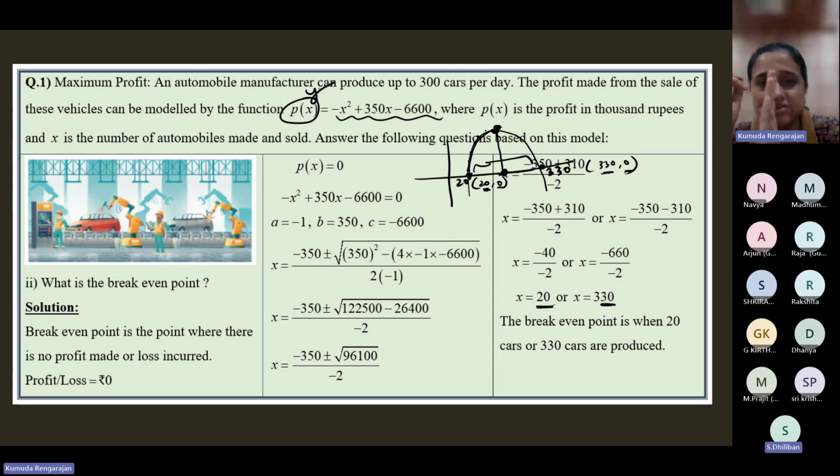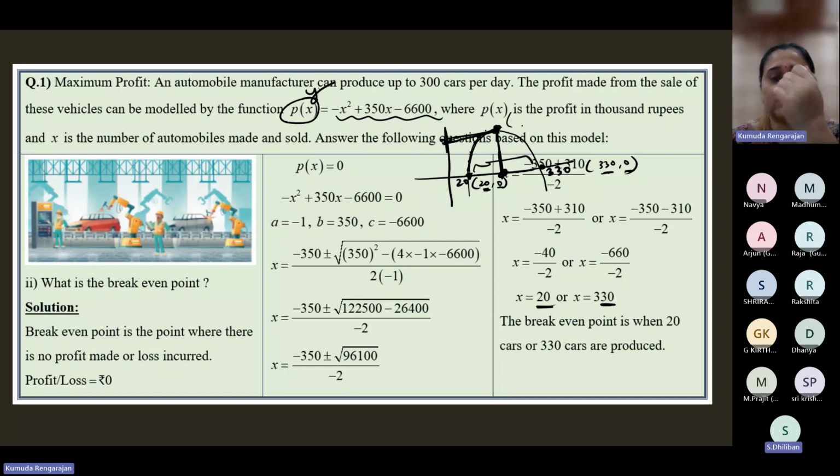So if the company makes that many automobiles, the profit is maximum because at the highest point in the parabola, the profit is maximum. That's given by the y-coordinate, whatever is the value of y. X-coordinate will represent the number of vehicles to be made and sold. The y-coordinate will represent the profit.